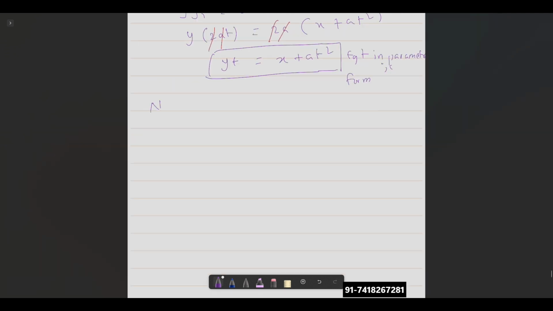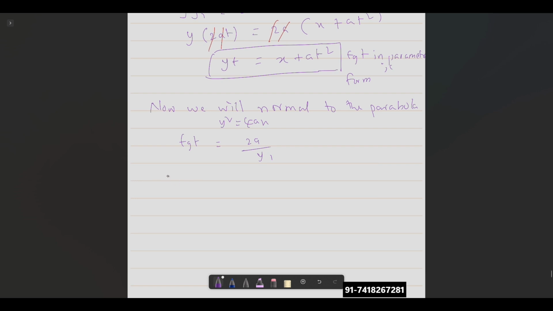Now we will arrive at the normal to the parabola y square is equal to 4ax. So the tangent slope is 2a by y1.